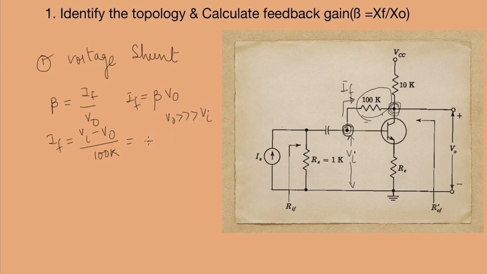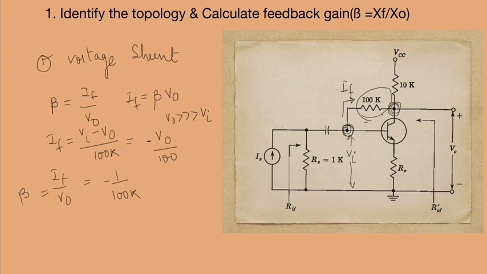So, neglecting the input voltage, we get V out by 100K. So, IF by V out, which actually is the value of beta, is equal to minus 1 by 100K. So, we have identified the topology and calculated the value of beta.